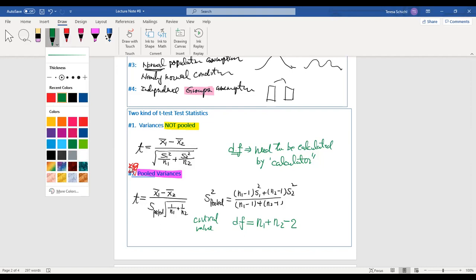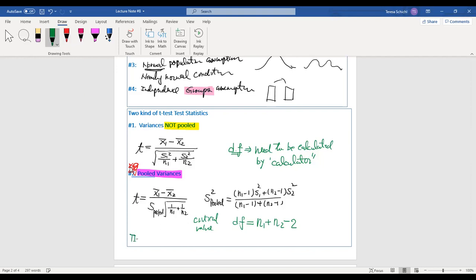Okay, so for the TI-84, how do you do this? It is similar. You press STAT, and after that you go to TESTS, right? Then you choose the two-sample t-test.